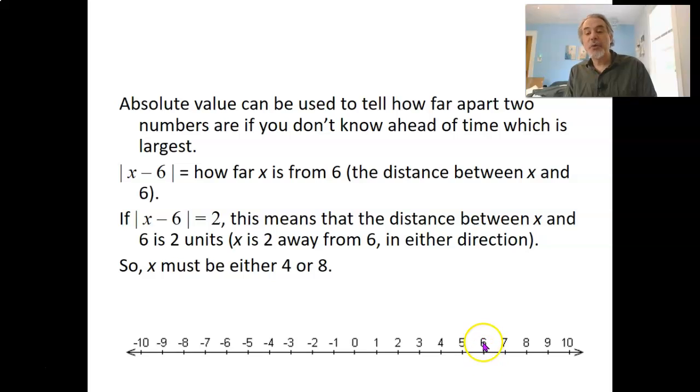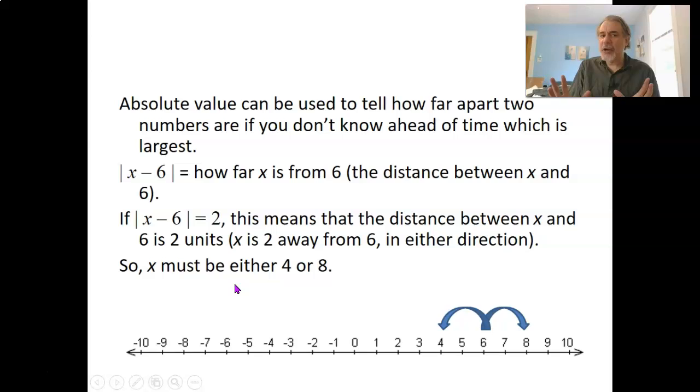What are the numbers that are 2 units away from 6? Well, there's 4 and there's 8. So those are the 2 possibilities for x. And if we solve that equation the way we've been talking about, x minus 6 equals 2 or x minus 6 equals -2, those are the solutions we would get. X would be either 8 or 4.